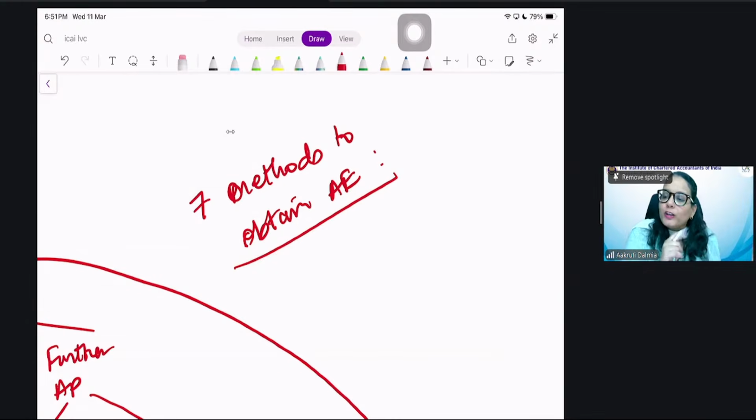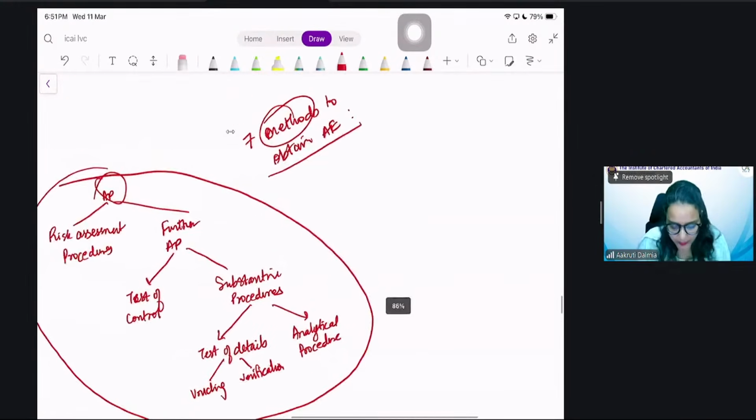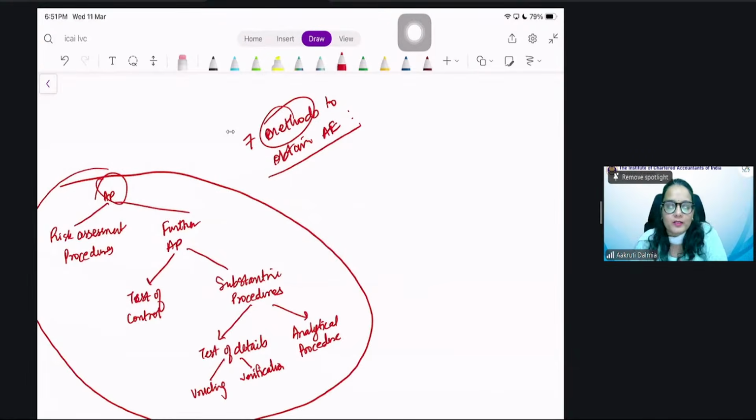So, did you notice one common word in methods and in procedures? Which is the common word in methods and procedures?